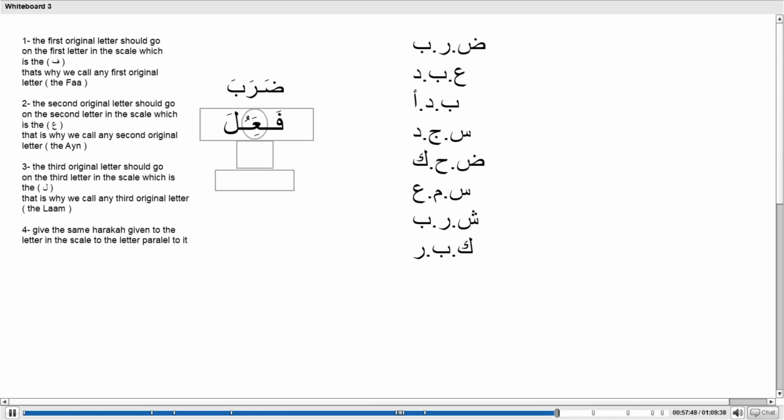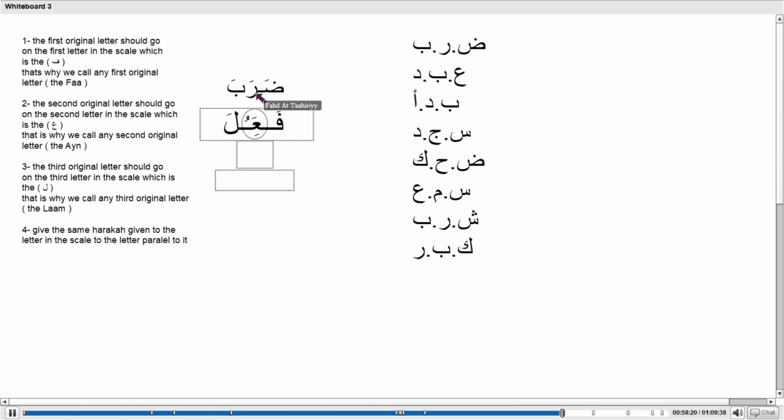Now you have formed the past verb from those root letters. Ba, ra, ba implies hitting. So ba, ra, ba would mean what? Would mean he hit.